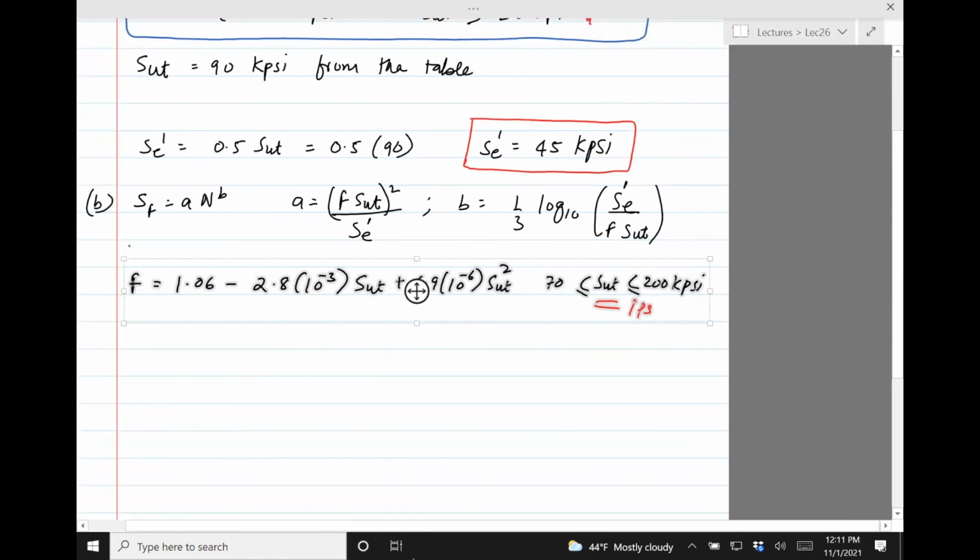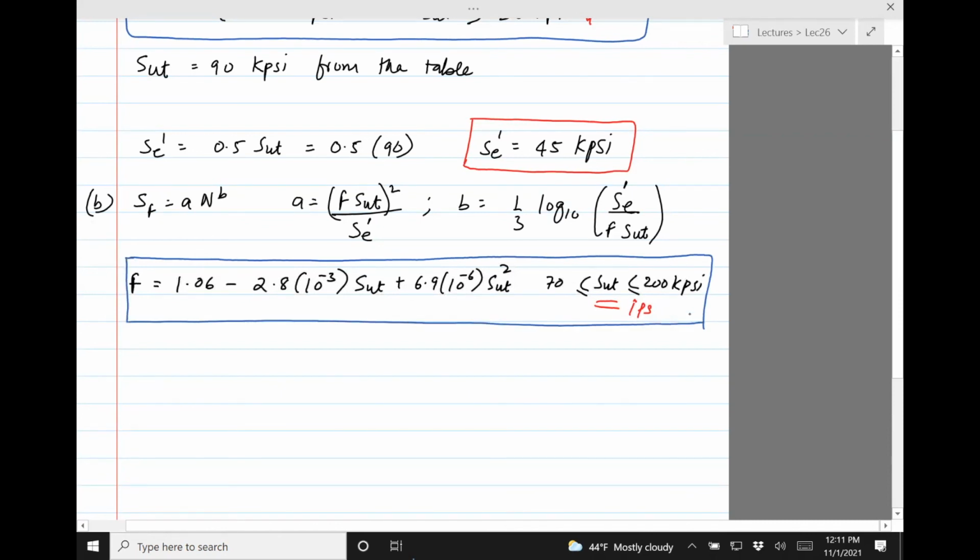Yes, so that's a piece of information which is given. So I can find f. It's going to be 1.06 minus 2.8 times 10 raised to negative 3 SUT plus 6.9 times 10 raised to negative 6 SUT squared. SUT is now 90. So if you sub in the value for SUT, you should get 0.86.